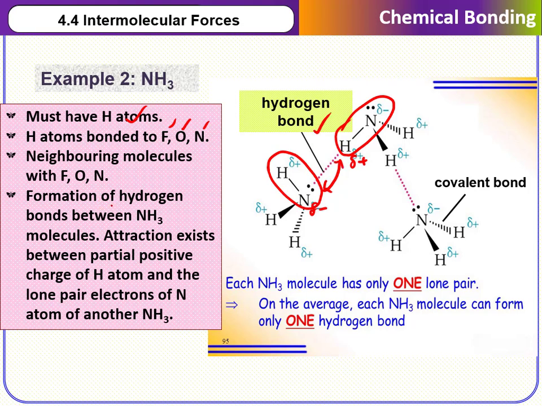So it is the formation of hydrogen bond between the ammonia molecules. The attraction between the partial positive charge of the H atom and the lone pair electrons of nitrogen of the other ammonia molecule is the hydrogen bond. Therefore, on the average, each ammonia molecule can form one hydrogen bond.